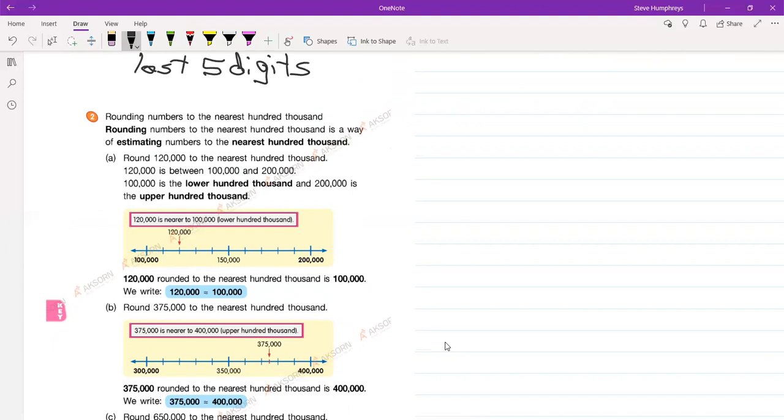Okay, don't be afraid of bigger numbers. Okay, if you use the correct method, you can do it. Last 5 digits, if it's between 00001 and 49,999, round it down.